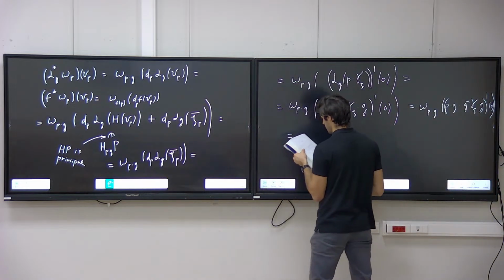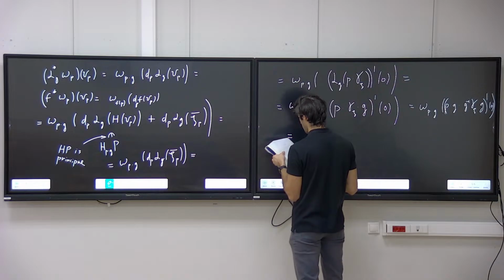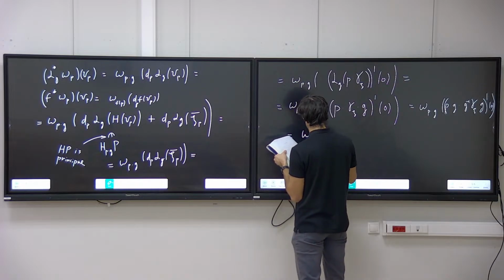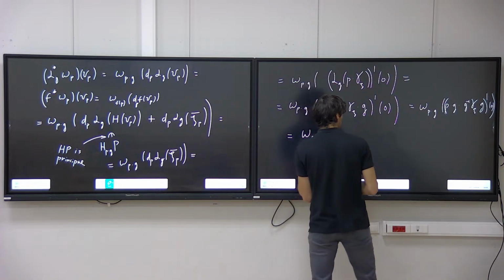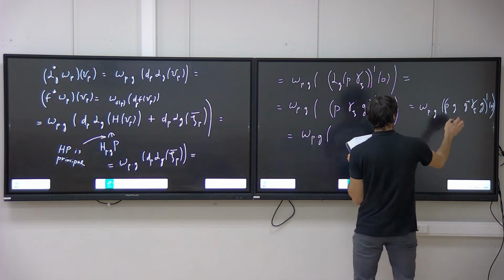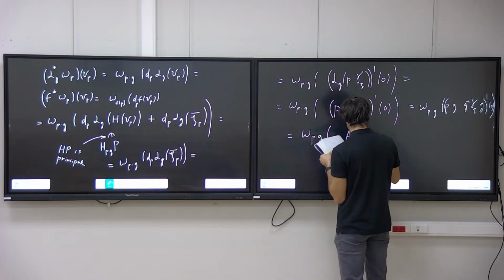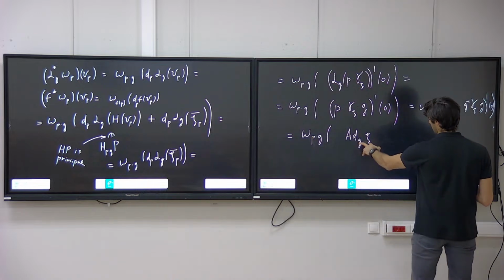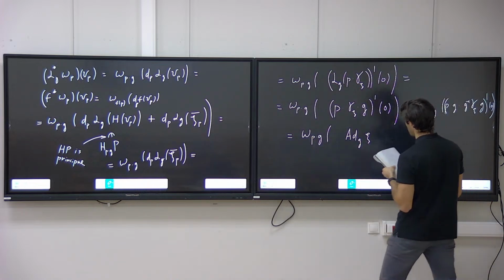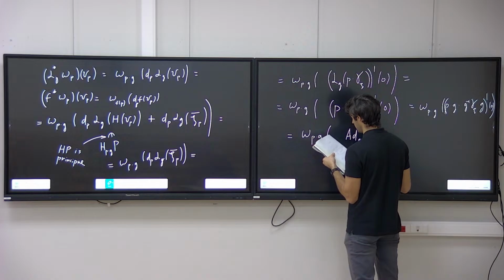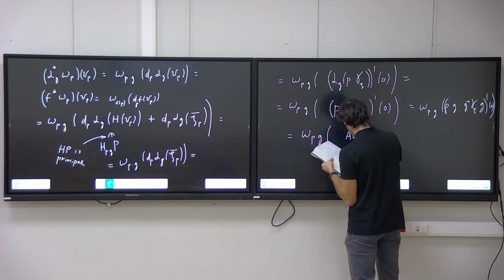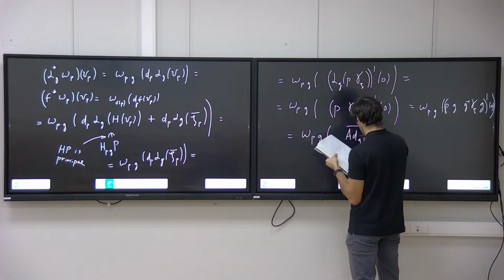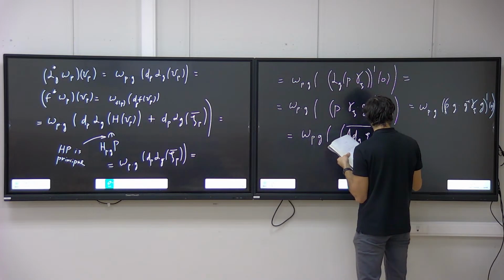But then this is the same as omega p dot g. Well, I am applying Ad g to psi. So this is another element of the Lie algebra, right? And then I consider bar of it, and this will be a vector field at point p dot g.